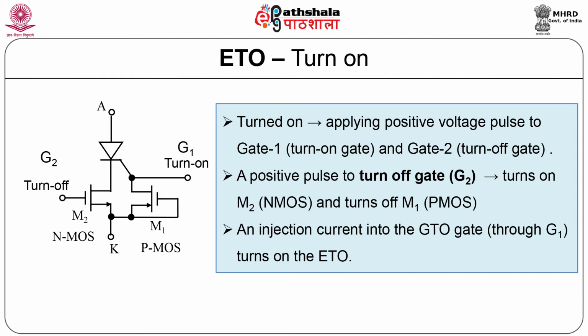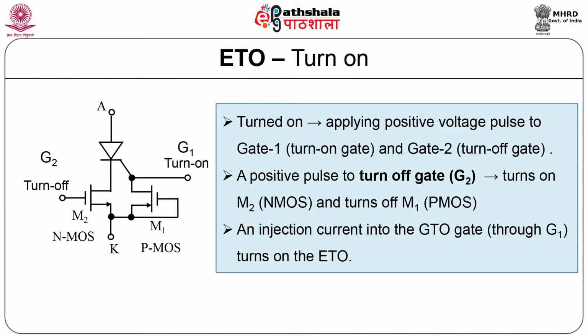ETO can be turned on by applying a positive voltage gate pulse to gates G1 and G2.